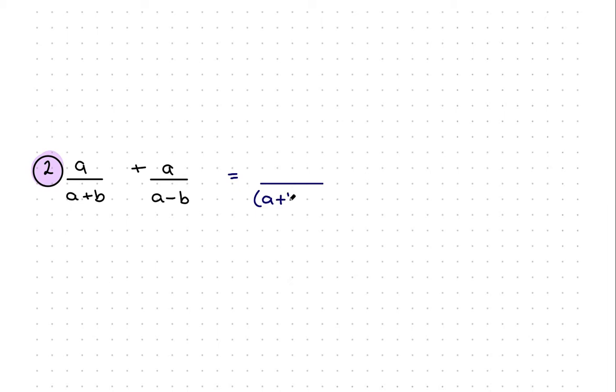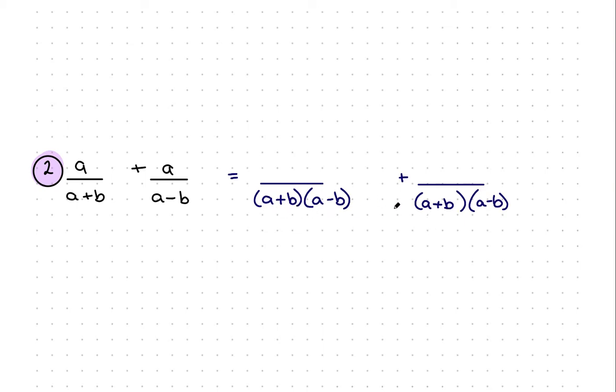Currently the left term here has a plus b, and I'm going to multiply that by a minus b. The other denominator is currently a minus b, and what would I have to multiply it by to get it to have the same denominator as the other? I would have to multiply it by a plus b. And what we see now is they both have the same denominator.